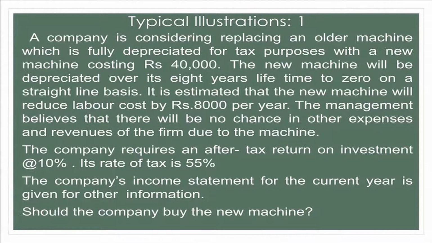Here, first of all, it is said that there is an old machine, which for the purpose of tax is fully depreciated, and the new machinery's cost, that is the initial outlay, is given as 40,000, and the life of the asset is given as 8 years.